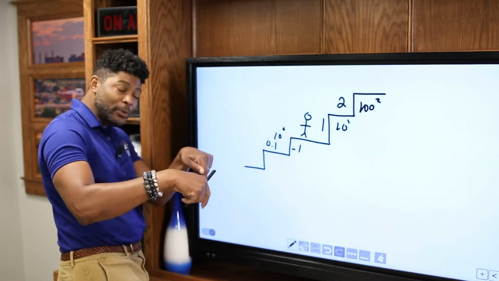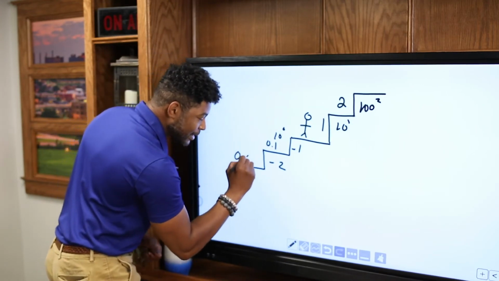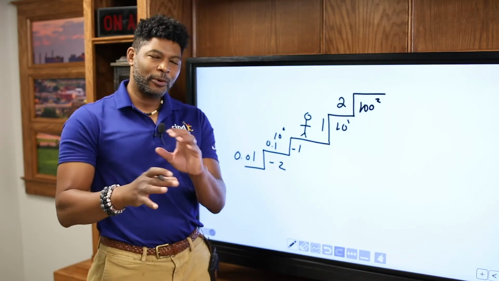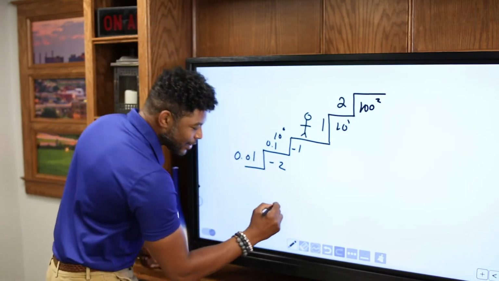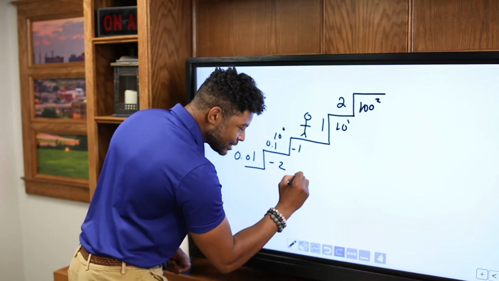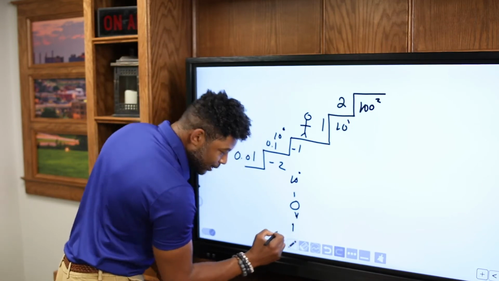If we go down 2 levels, minus 2, that would be 0.01. So when we're looking at pH and these numbers, when you have a 0, think of a 0 as being 10 to the 0th power, or the same thing as equaling 1.